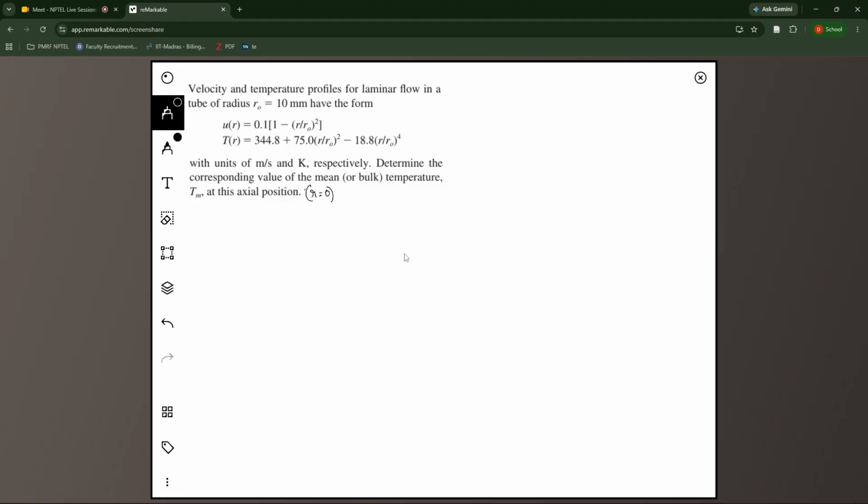So how do I define it? First, we have to write the equations for both of them. So we have this is u of r, this is T of r. So the mean velocity is given by, and then the mean temperature is given by.